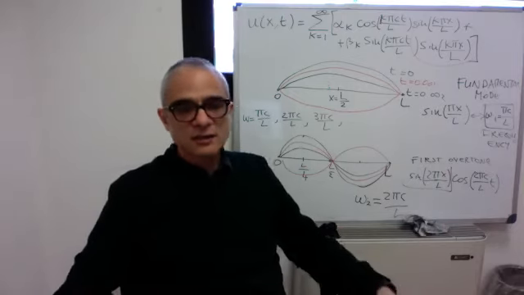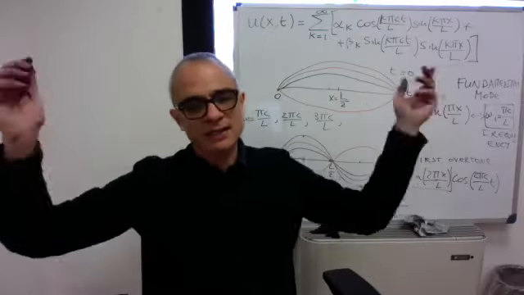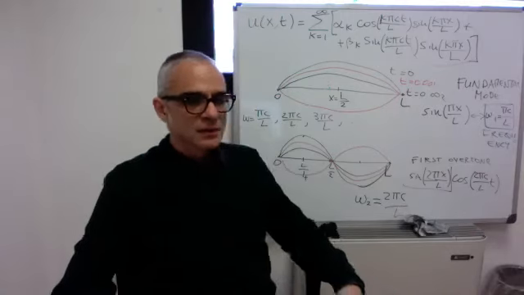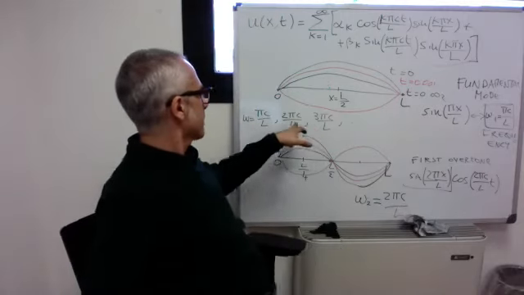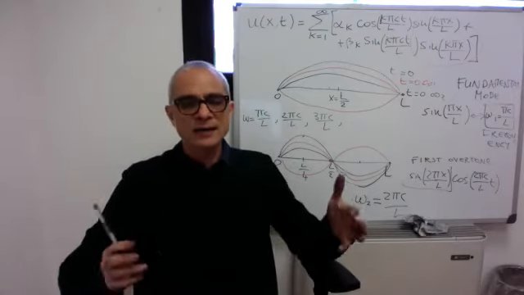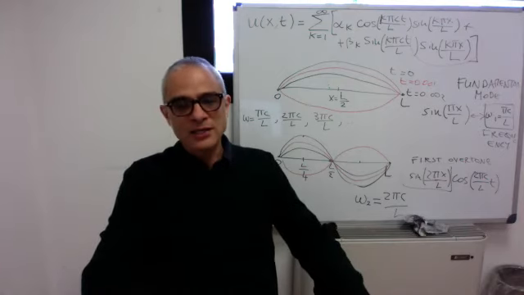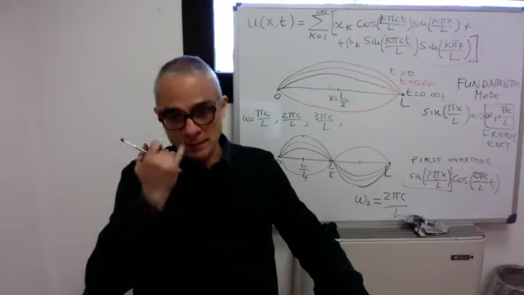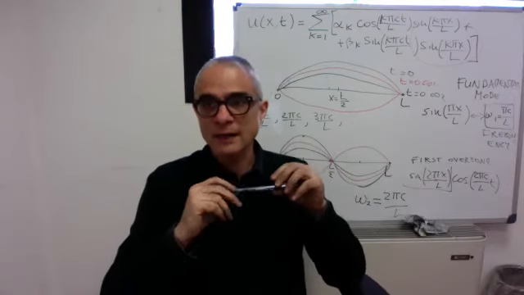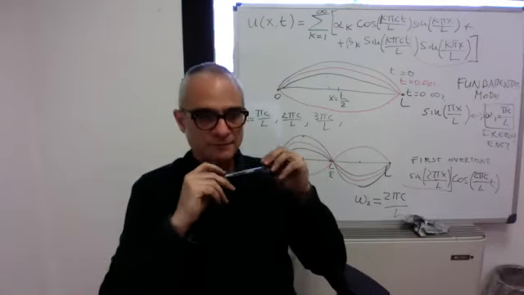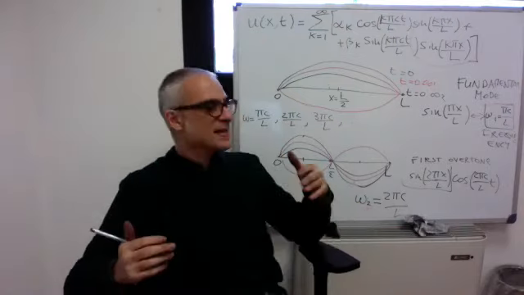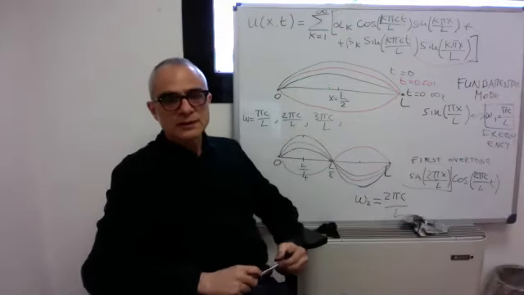I don't have a guitar here, unfortunately, but if I hit a guitar randomly, I don't have to decide where I hit it or how I hit it. It doesn't matter. It will always generate a set of frequencies that are multiples of one another. And this is something that I should go back to when I talk about the initial conditions. I went pretty quickly today about the initial conditions, so we'll do that again on Friday, or maybe we have time today. Depending on how I hit, I can excite one of these modes more than the other.